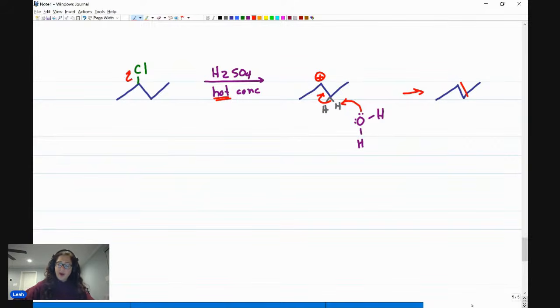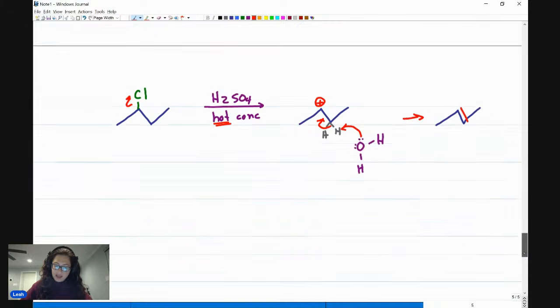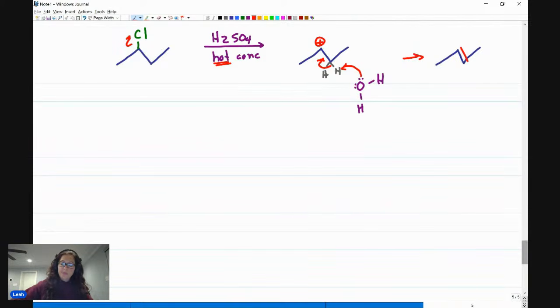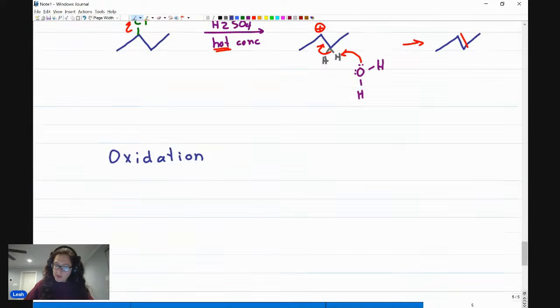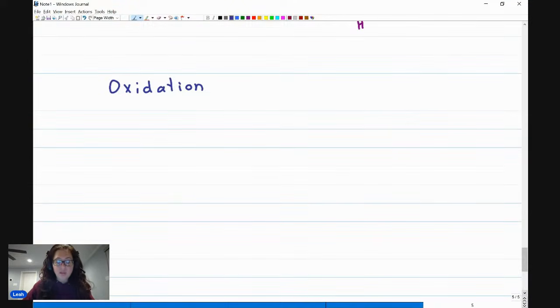So now that we know how to reverse the reactions that we just covered, let's move on to the next topic that you will have done in this chapter, probably the first one you did in Organic Chemistry 2, and that is redox. So we're going to start with oxidation of alcohols, and then we'll look at the reduction of alcohols. There are many, many different mnemonics that you will have learned.